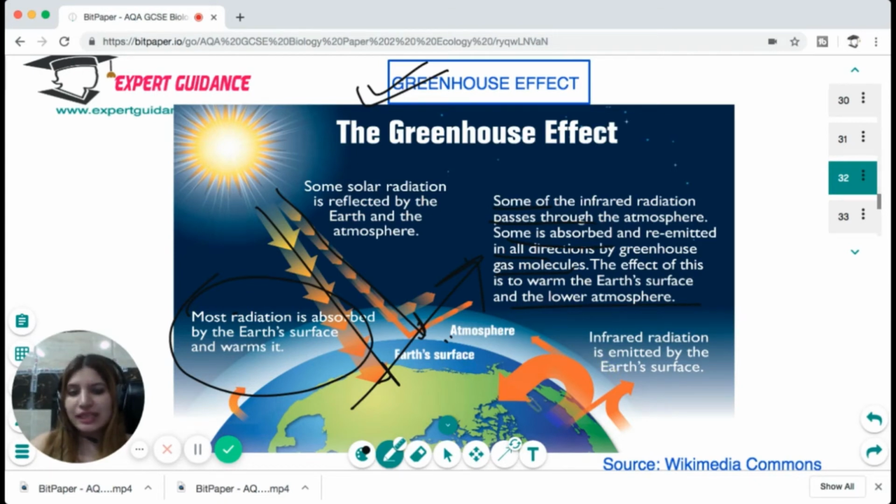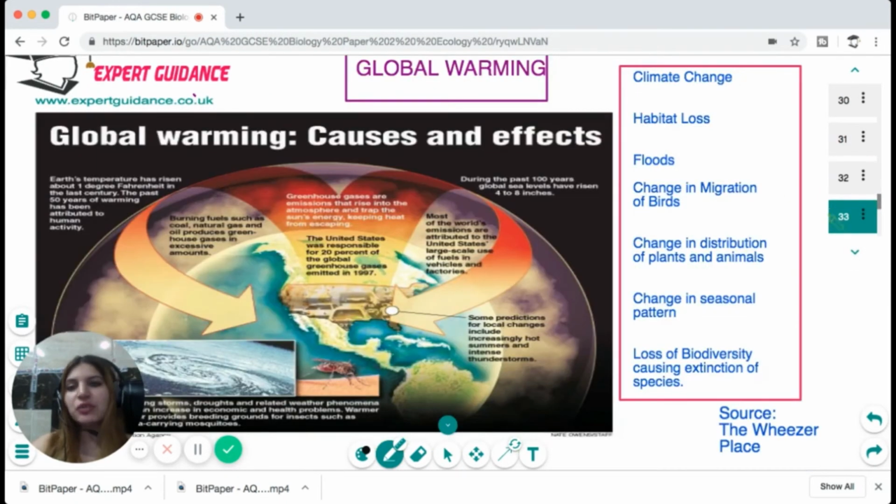So you can see that when the Earth's rays are coming, they are reflected back, but this blanket is being formed by the greenhouse gases, which are mainly carbon dioxide, methane, and water vapor, and it is not allowing the infrared radiation to reflect back, and they are emitted back into the Earth's atmosphere, causing the heating. This is the greenhouse effect.